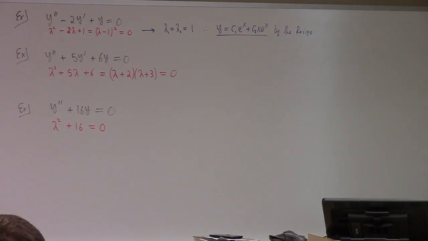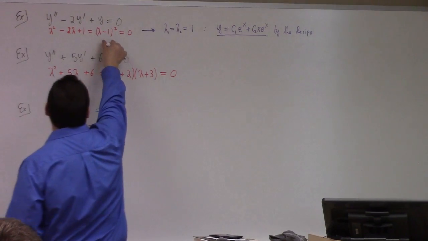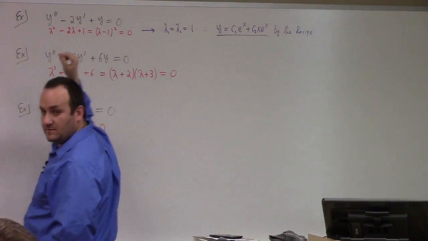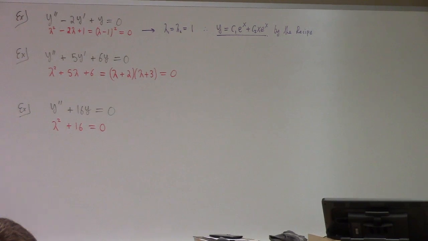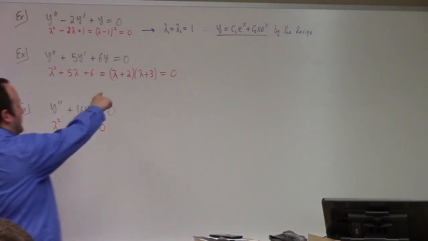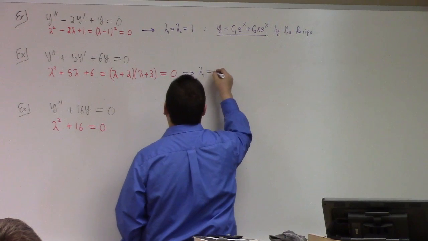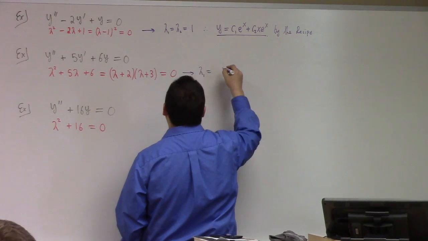Okay? So how do you know lambda 1 equals lambda 2? Oh, because I have lambda minus 1 squared equal to 0, so I can see that the root of this quadratic equation is 1. How about this one? What's lambda? Lambda 1 equals what, and lambda 2 equals what here? Right.